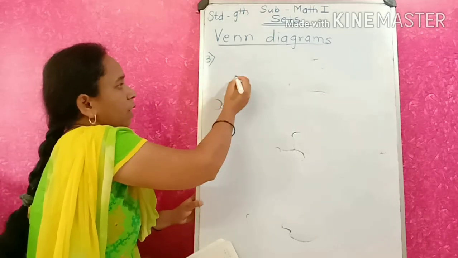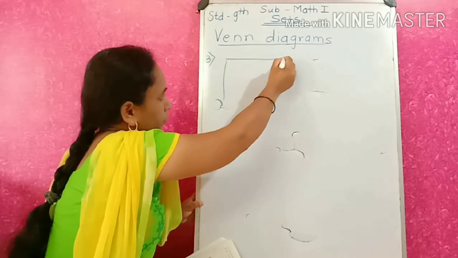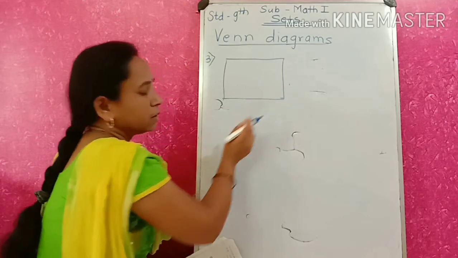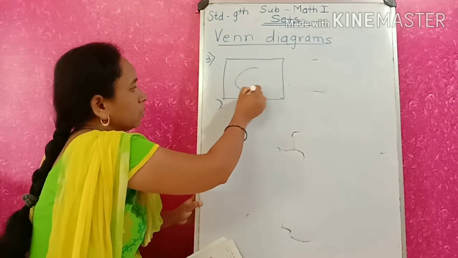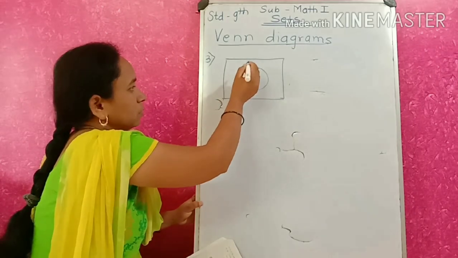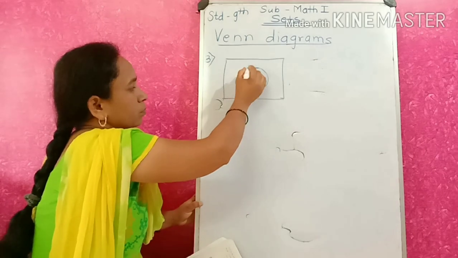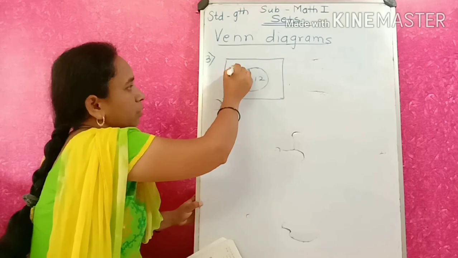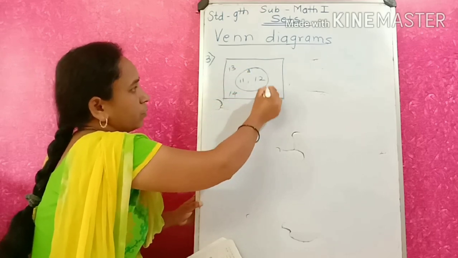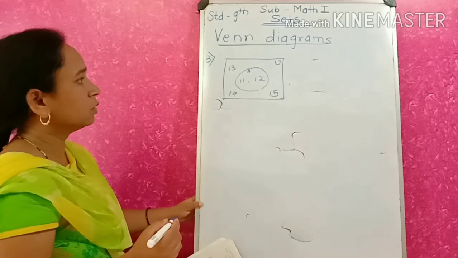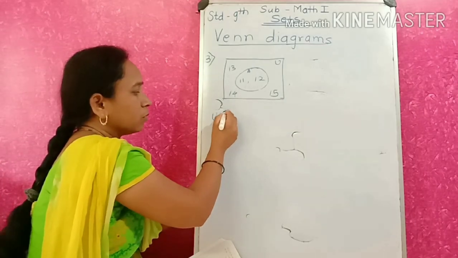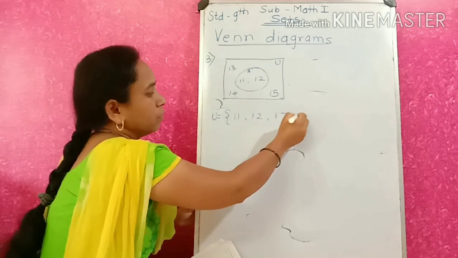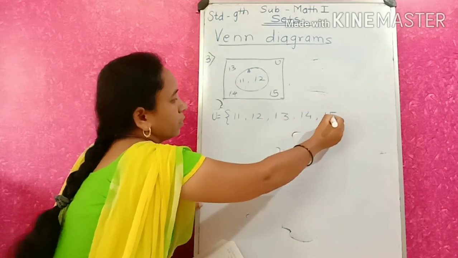Next example, I'll give you the Venn diagram, and using this Venn diagram we will write the sets. Here, 11, 12, 13, 14, 15 is the universal set. What is the universal set? 11, 12, 13, 14 and 15.